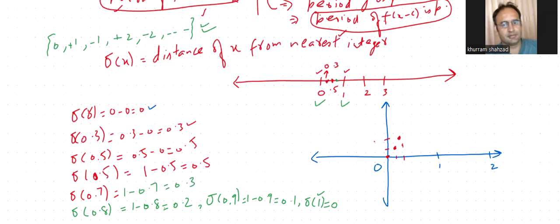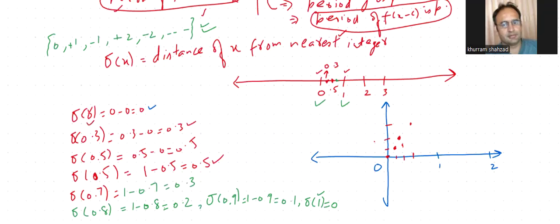So at 0.5, its value would be 0.5. 0.5 should be here at the middle of 0 and 1, and this would be 0.5 on the y-axis also. So up to 0.5, the value is the same as the input. At 0, its value is 0.